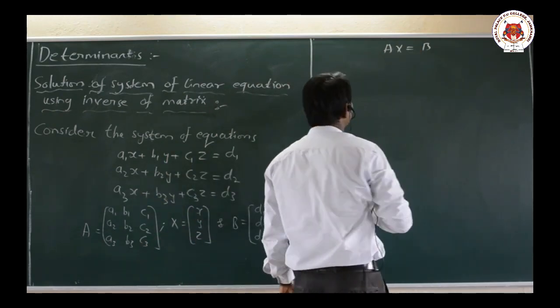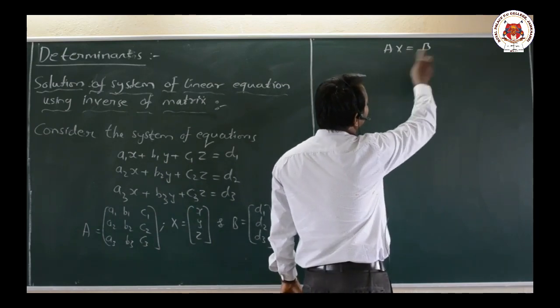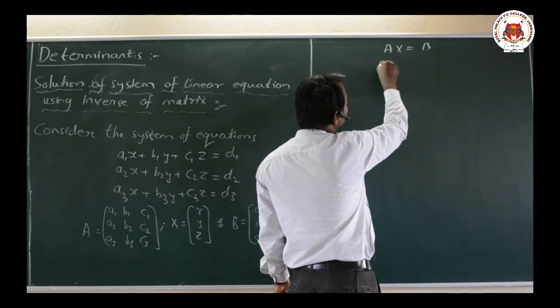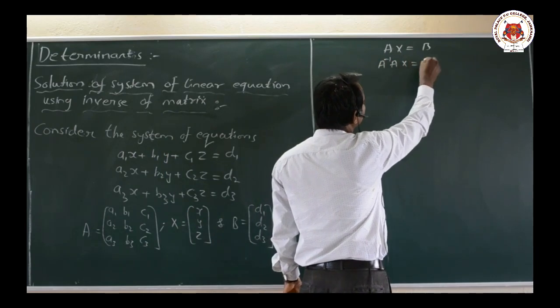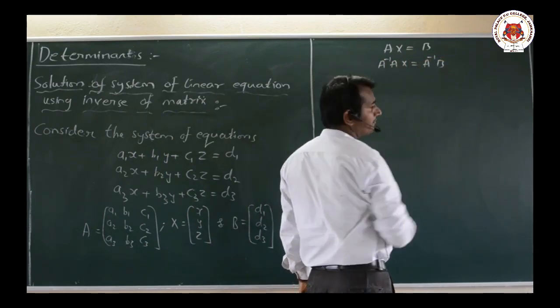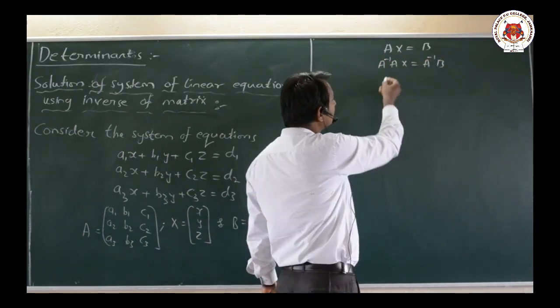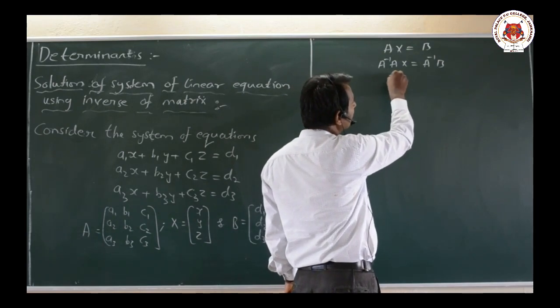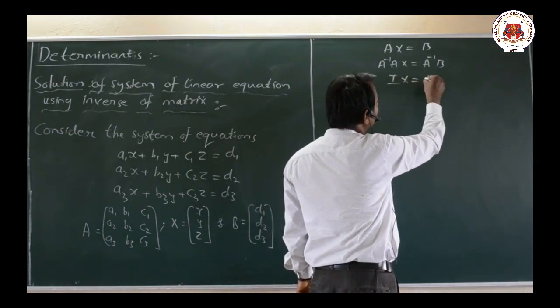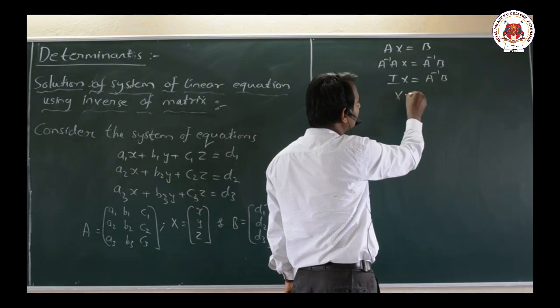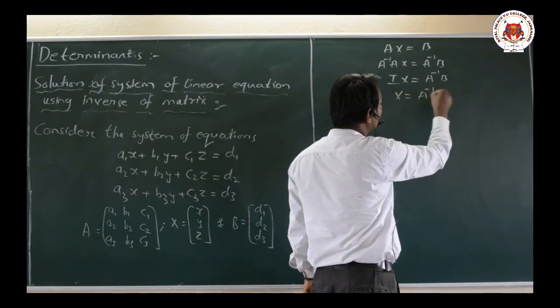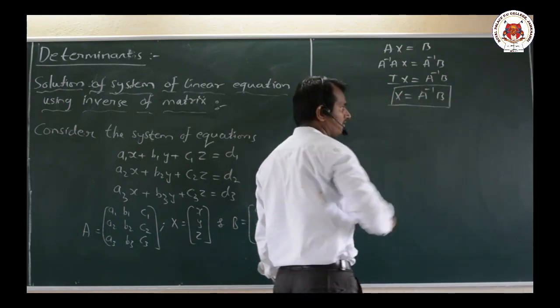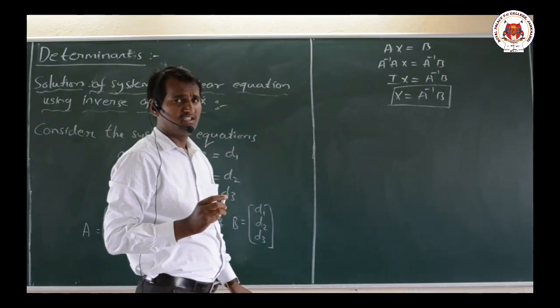Next, I will pre-multiply by A inverse on both sides. So we have A inverse AX equal to A inverse B. Now A inverse into A is I, so IX equal to A inverse B, therefore X equal to A inverse B. This will be our formula to find X.